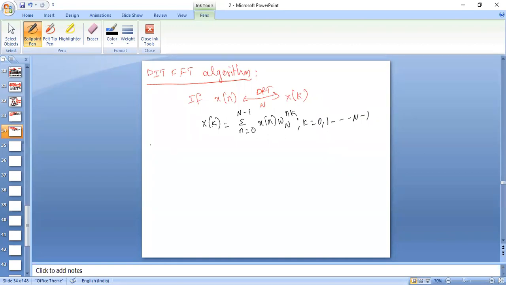In first stage of decomposition, we want to split an n point DFT into 2 n by 2 point DFTs. అట్లా స్ప్లిట్ చేయాలి అంటే మనకి ఏదో క్రైటీరియా కావాలి కదా, అదే we can do it in both ways.